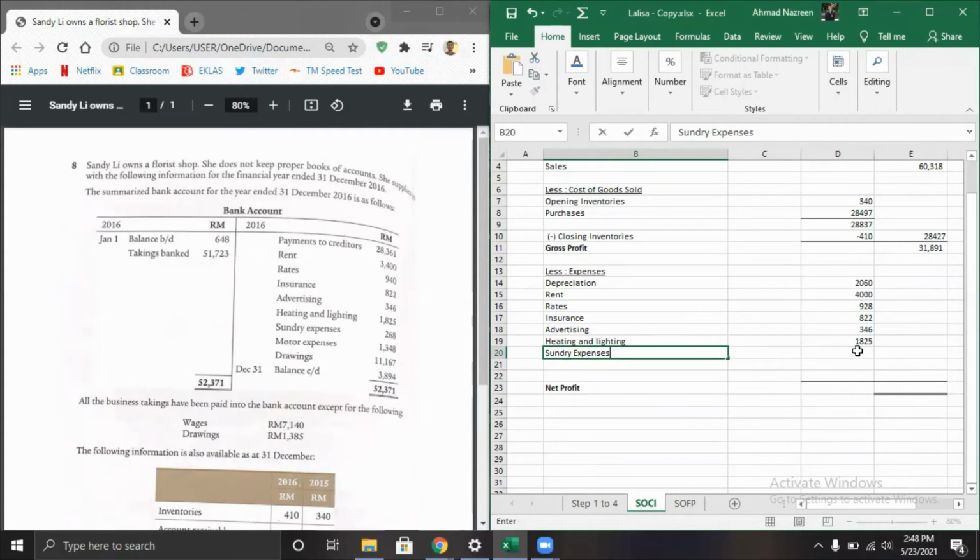Then the next information in the question is the motor expenses amounting to 1,348 ringgit. And for the last information, don't forget the additional info, which is the wages. The wages amounting to 7,140. So from here, we get the total expenses of 18,737.